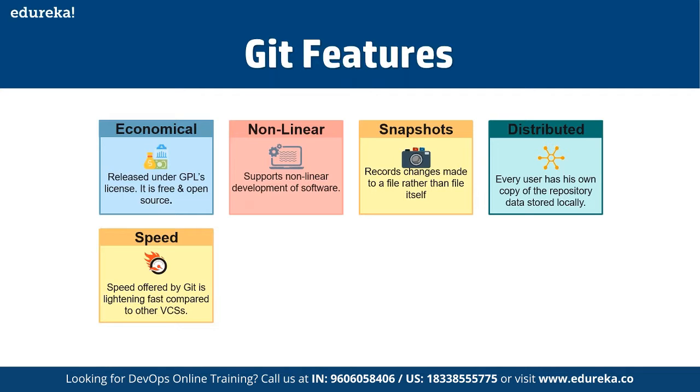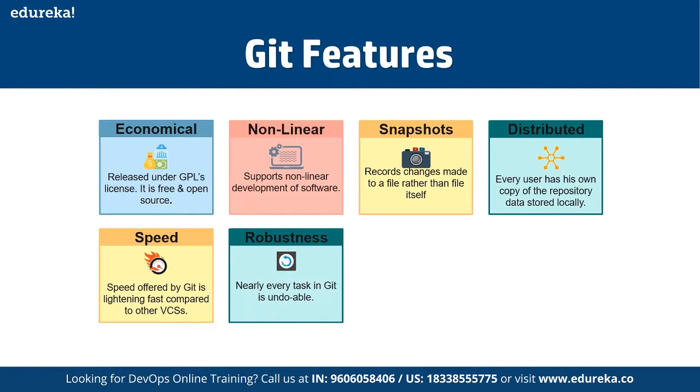It offers speed. The speed offered by Git is lightning fast compared to any other version control system. One of the reasons is it doesn't store the entire file itself. It stores simply the snapshot of all the changes being done.